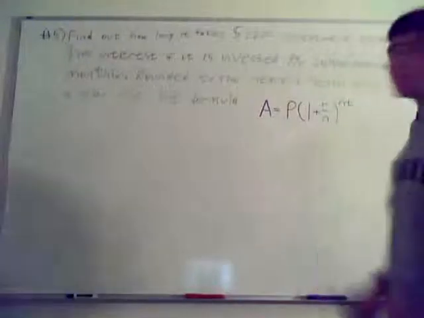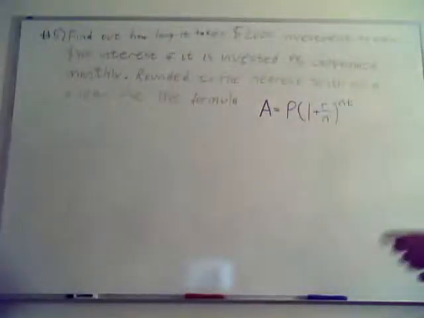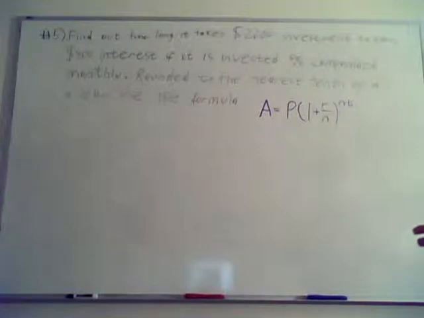Alright, so the last problem is: find out how long it takes a $2,600 investment to earn $400 interest if it is invested at 9% compounded monthly. Round to the nearest tenth of a year, and use the formula A equals P times the quantity 1 plus r over n, to the power nt.